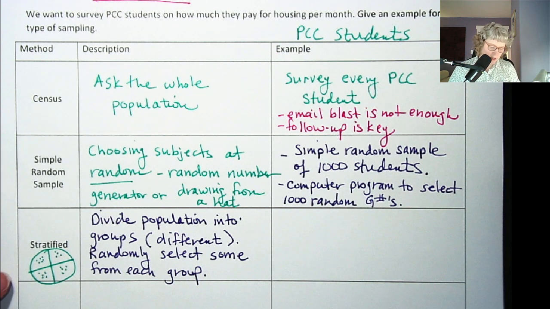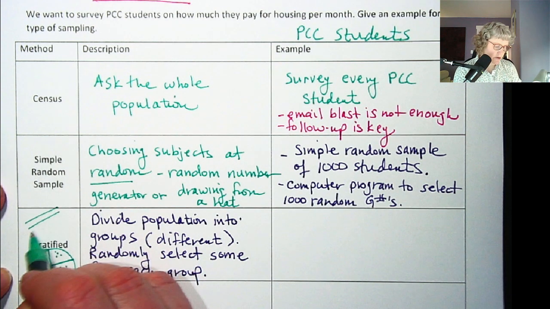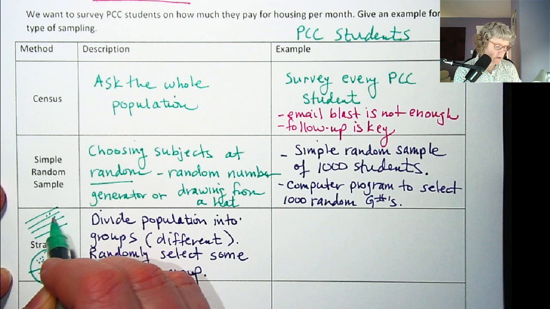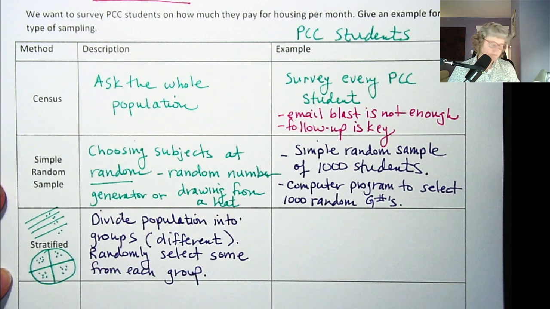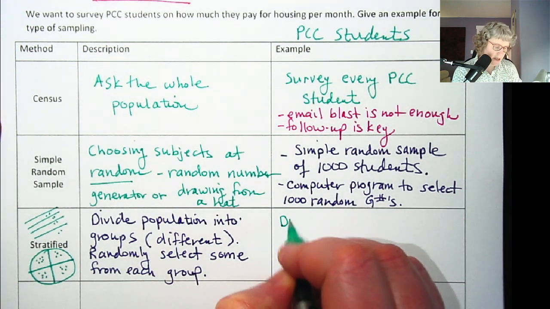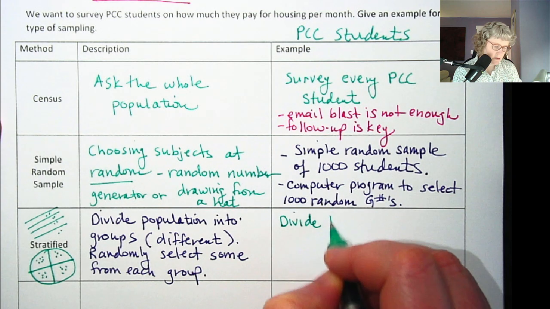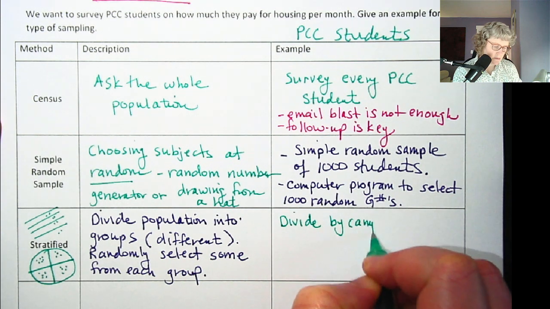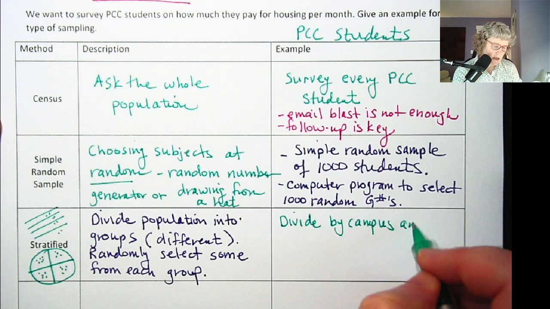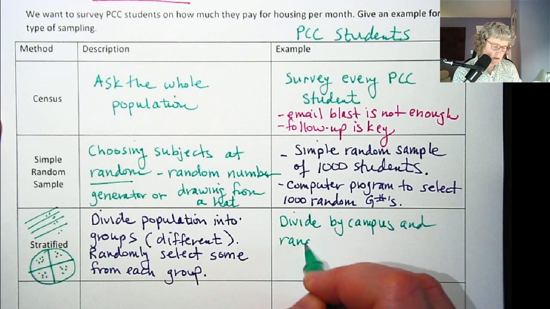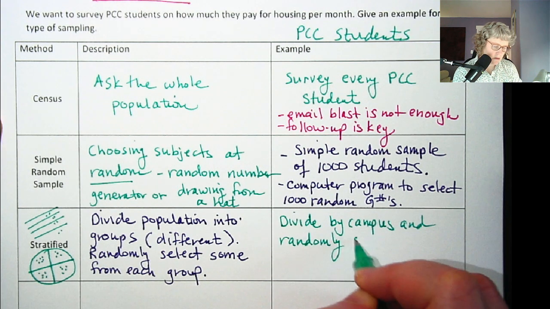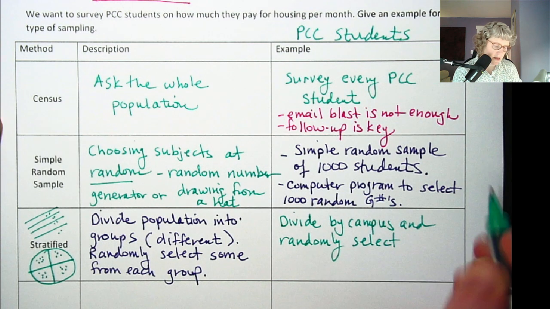Okay, so that's stratified. You can also think of strata. Strata is a word that means layers. So you could think of some from each layer, like that. I mentioned the campuses, so we could divide by campus and randomly select.